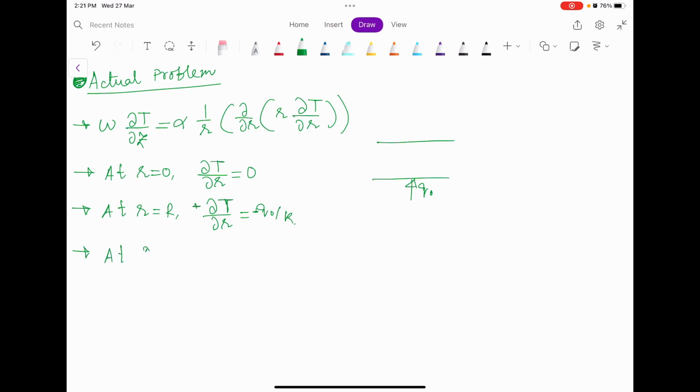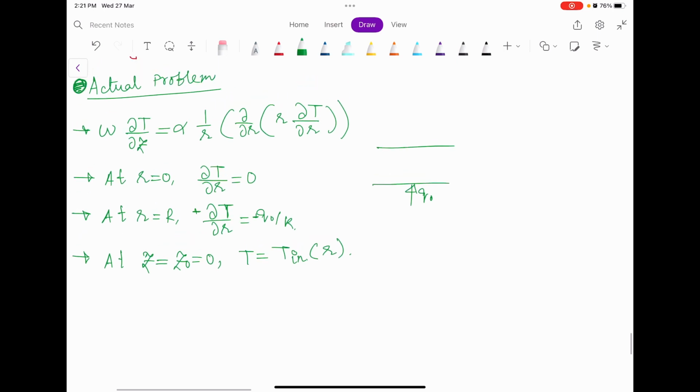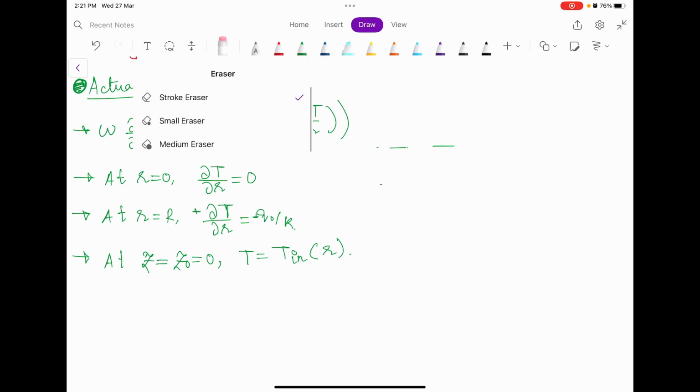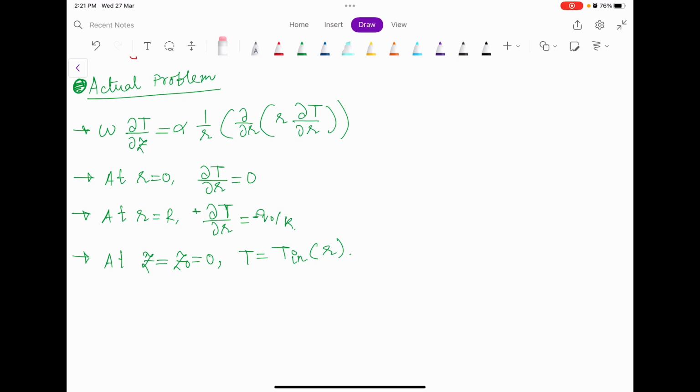Also at z equal to z naught, or if I consider that as 0, I have some variation of temperature, maybe T in, and that will be a function of r because I have fixed the z. So this was my actual problem, and I told that I do not have the required boundary condition and governing differential equation so that I can solve it by the separation of variables method.